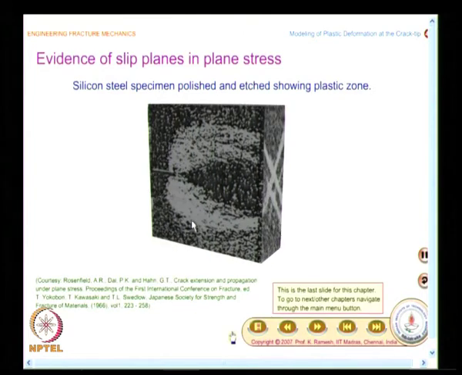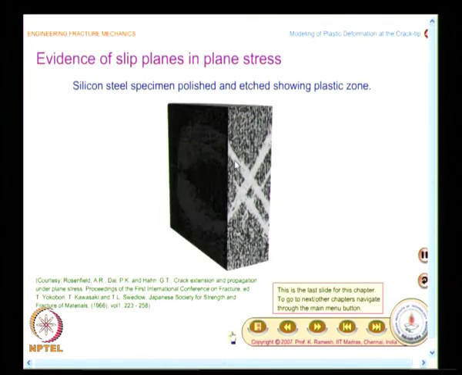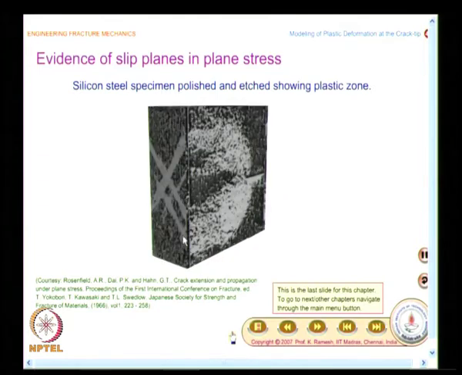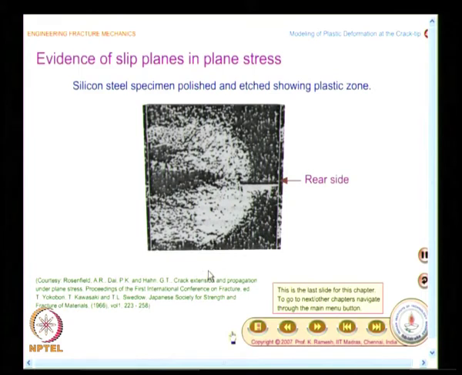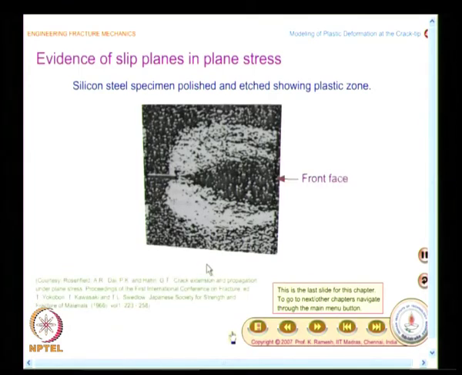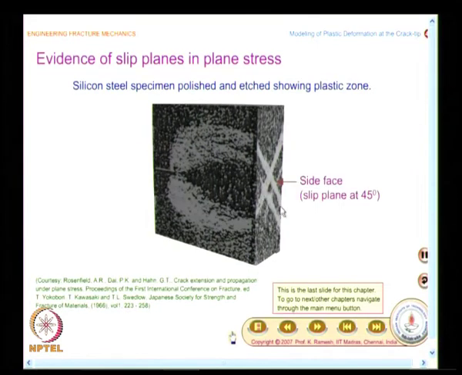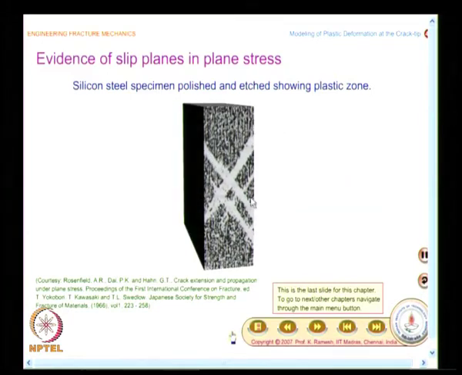In fact, the plastic zone on the surface, over the thickness and the rear surface were bundled as a 3-dimensional picture by my students, and they have nicely provided this animation. And you indeed see ahead of the crack slipping takes place at 45 degrees.